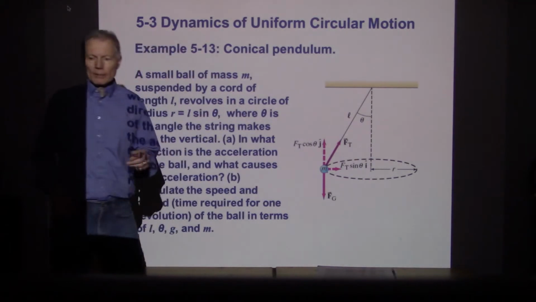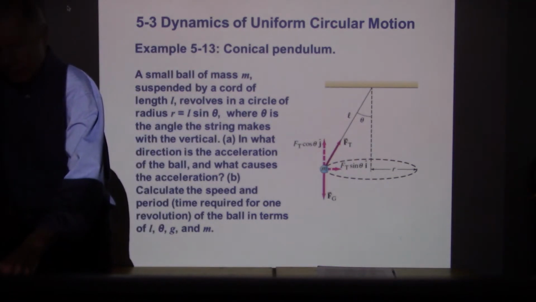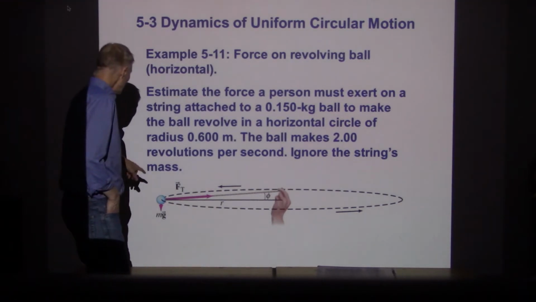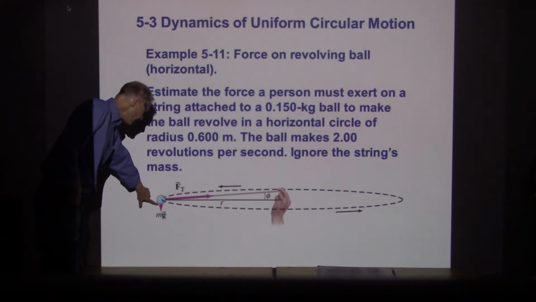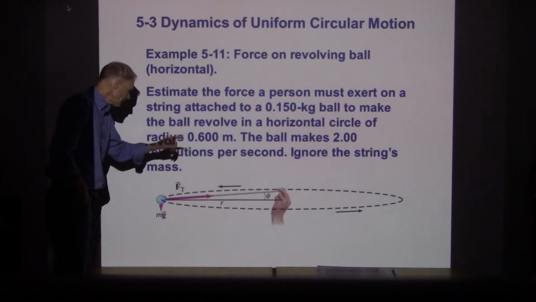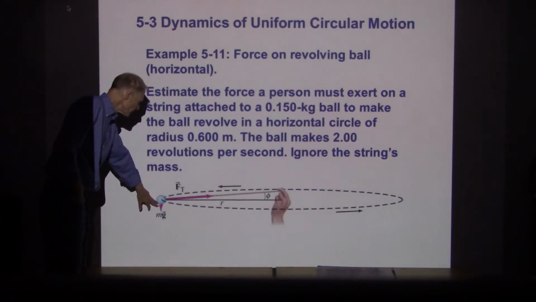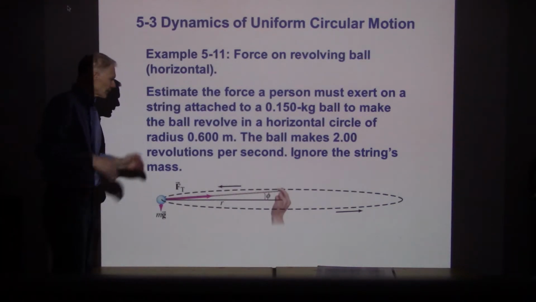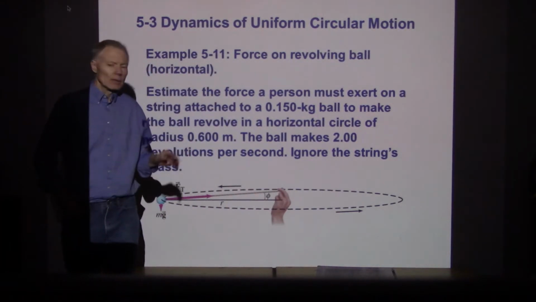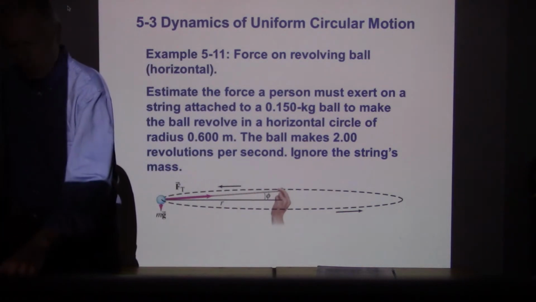Oh, one thing I should remember here. Let me go back and take a look. I wanted to clarify this point too. As far as mg, what about mg in this picture? This is actually the same picture that we're looking at in the example we had started. They're ignoring the effect of mg in this. They're saying that it lowers this by such a small angle that it's not really important.